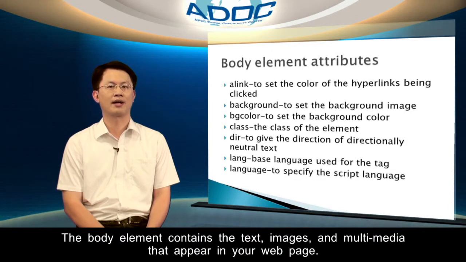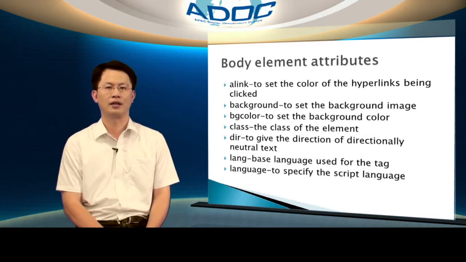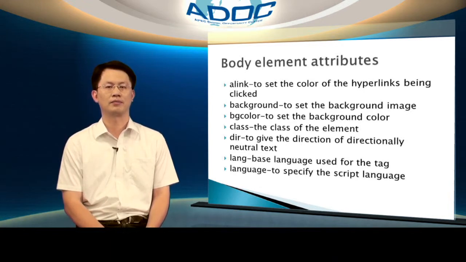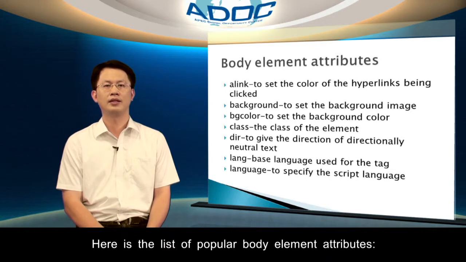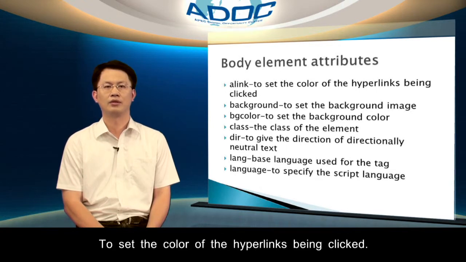The body element contains the text, images, and multimedia that appear in your web page. The body element is the container of other elements that define different types of contents and the way they appear on the web page. Here is the list of popular body element attributes. Alink, to set the color of the hyperlinks being clicked.